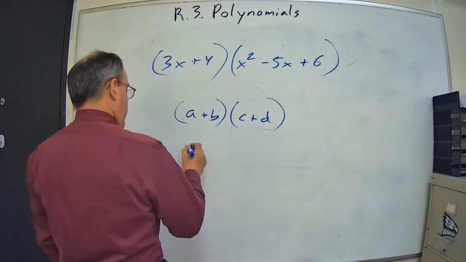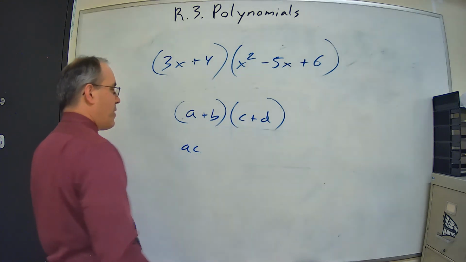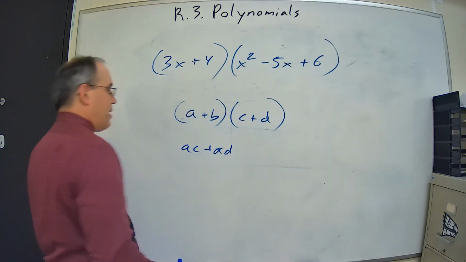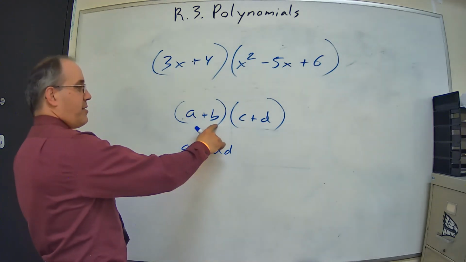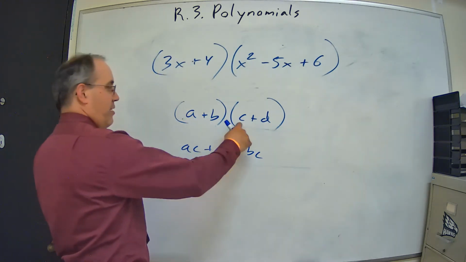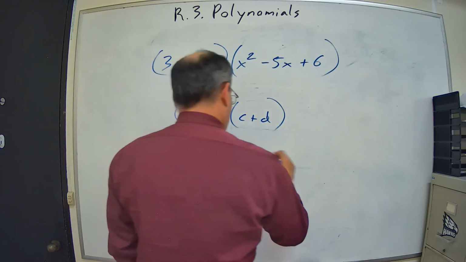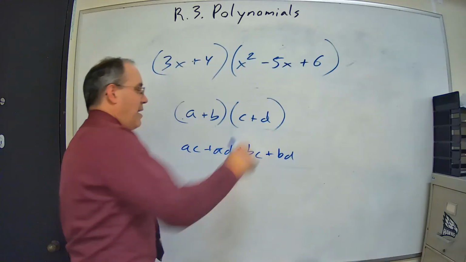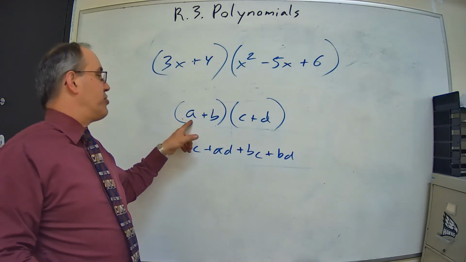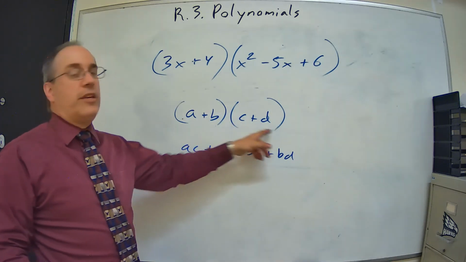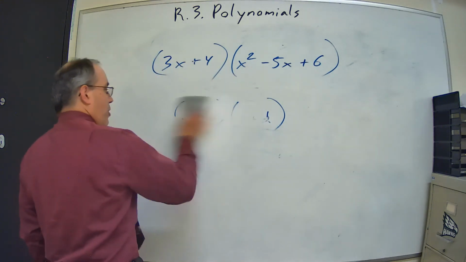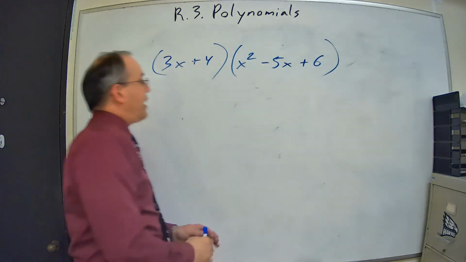A times c, the first terms, a times d, the outer terms, and then it's distributing the second term through, b times c, the inner terms, and then b times d, the last terms. So all it's doing is distributing the a through there, and then distributing the b through there. So I can do the same thing with any size polynomials that I can just distribute through.